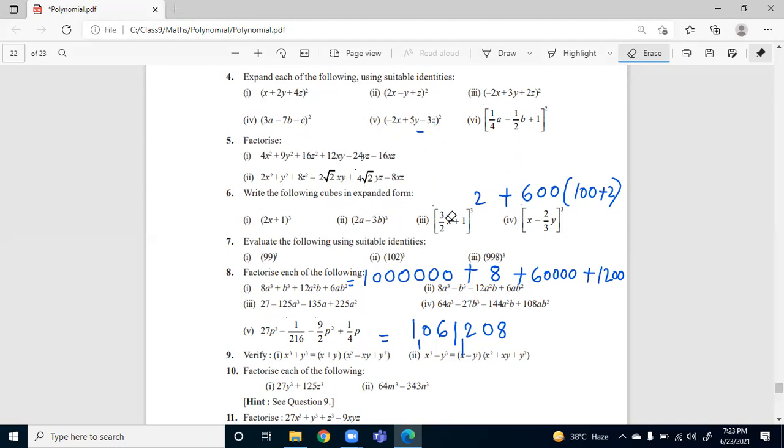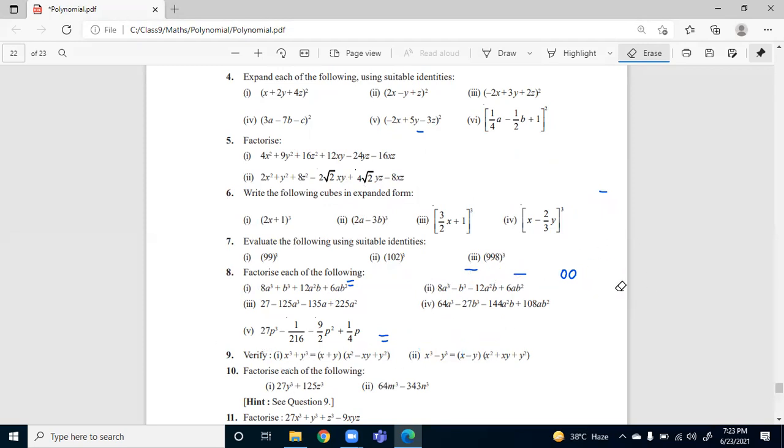So 998 we can write as 1000 minus 2 whole cube.